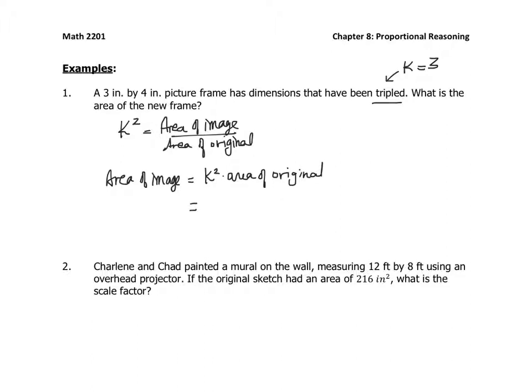We know that k is 3, so it would be 3 squared times the area of the original, which is 3 times 4, or 12. So that would be 9 times 12, or 108 inches squared.